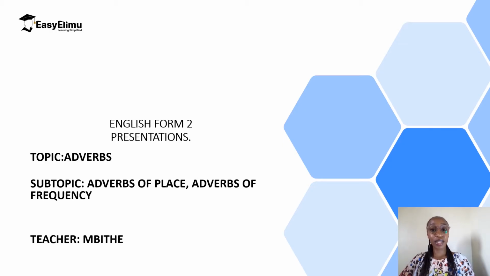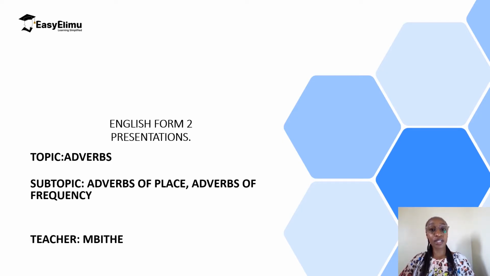My name is Mbithe, and in this session we are going to learn about adverbs, and specifically adverbs of place and adverbs of frequency, which are also known as adverbs of degree. In Form 1, you were introduced to adverbs and you learned about adverbs of manner and adverbs of time.